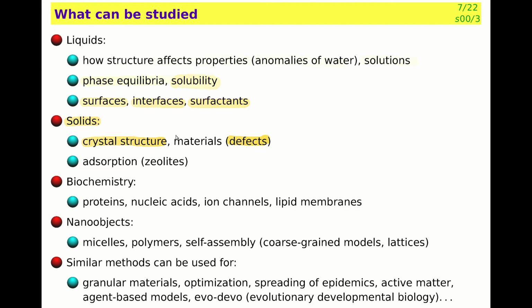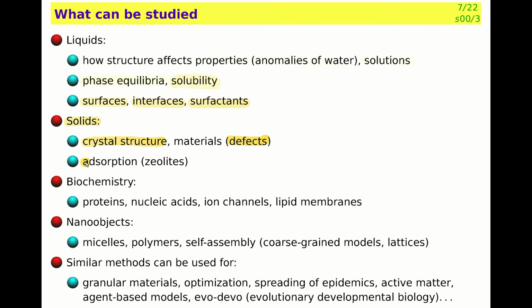The defects influence how the material behaves, for example, whether it's malleable, whether it's brittle, and so on. And the kinetics of these defects can be simulated by molecular dynamics. These simulations are huge, there may be billions of atoms, but it works.